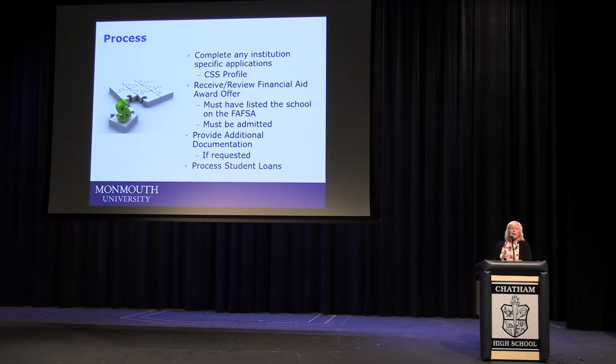You may also be asked to provide additional documentation. The federal government selects applicants to be reviewed in a process called verification. If your student is remaining in New Jersey and is potentially eligible for state aid, the state of New Jersey selects applicants to be verified, and the college can select applications for verification. If you're asked for more information, don't worry, you didn't do anything wrong.